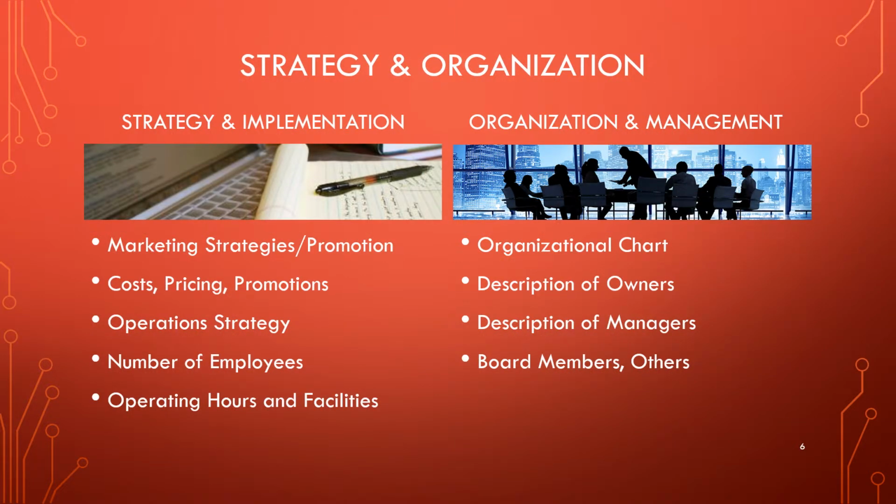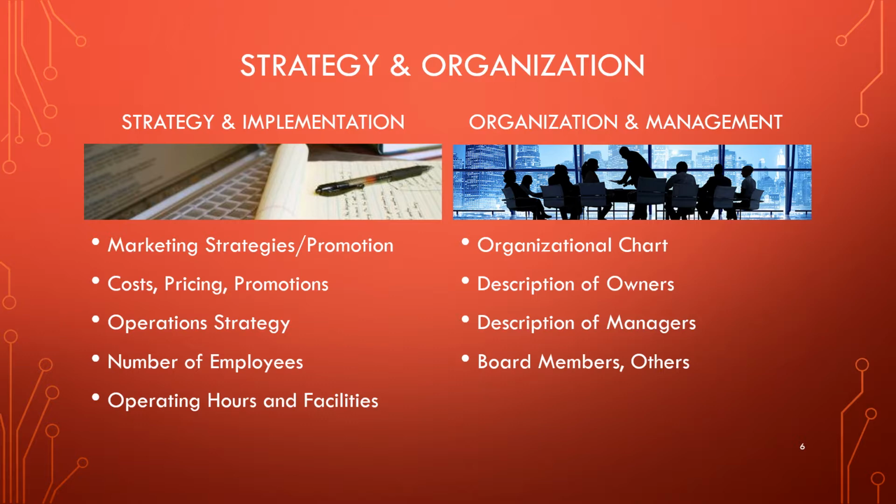The next section is the strategy and implementation section, which is the area that will describe how the company plans on attracting and sustaining a customer base and how it proposes to reach the customer. An explanation of how you'll promote your business to customers and enter the market will be pretty much the first thing talked about.